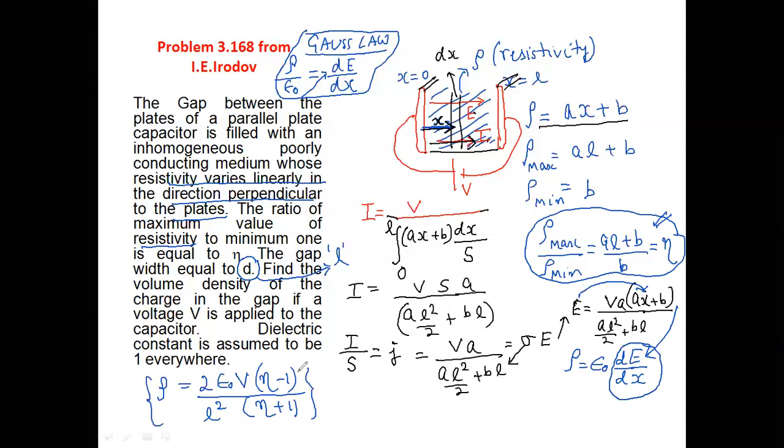So this was problem 3.168 from I E Irodov, and in total 3 problems were discussed today. Similar problems will be discussed in the next video, and these problems are really helpful for JEE Advanced and for physics Olympiads, at the international or national level.